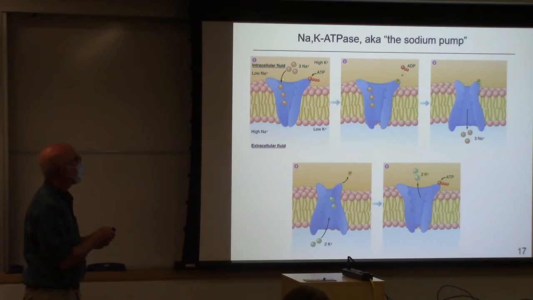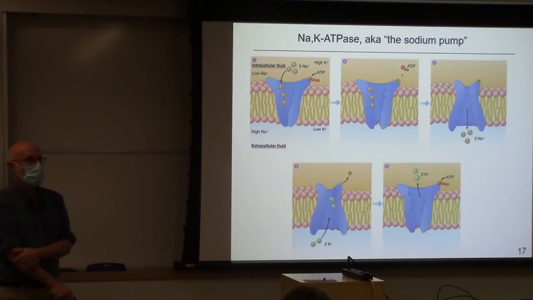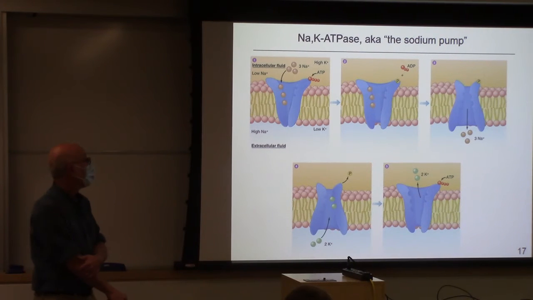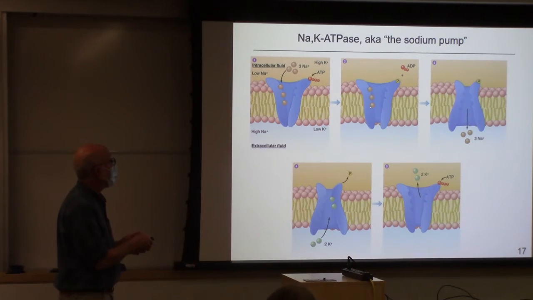What happens between here and here? Mike? Looks like those three sodium bind, and then there's a conformational change that opens up the channel. Okay. The binding of the sodium caused a conformational change of the protein.